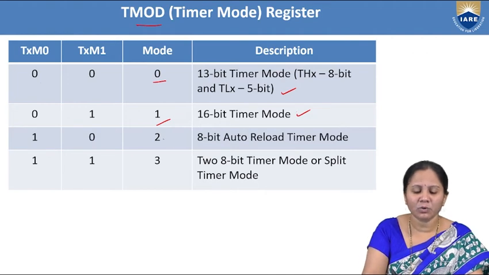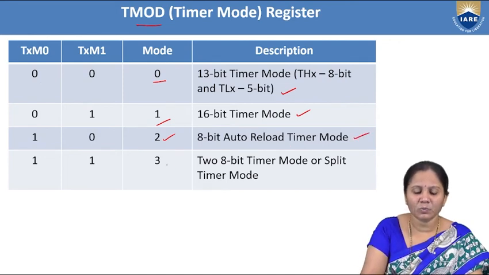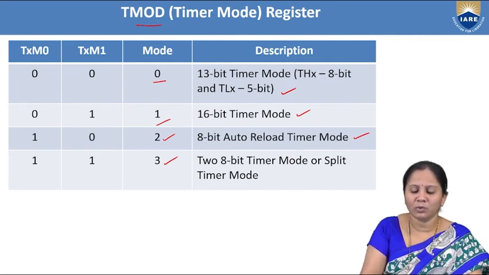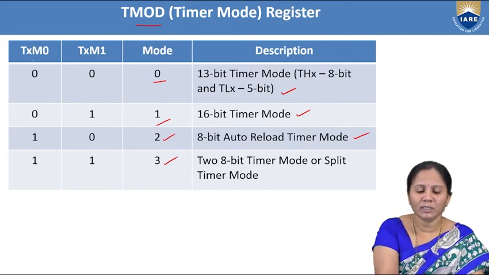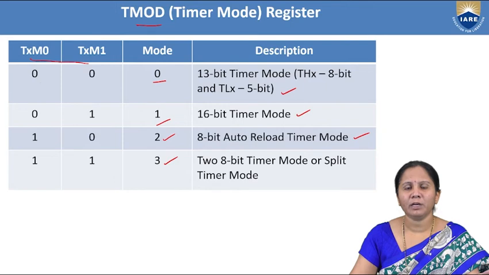If it is 1, 0, it will be operating in mode 2, which is also called 8-bit auto reload timer mode. If it is 1, 1, it will be operating in mode 3, which is also called two 8-bit timer mode, or split timer mode. So by using the 2 bits of the TMOD register, we can operate the timer counter in different modes.